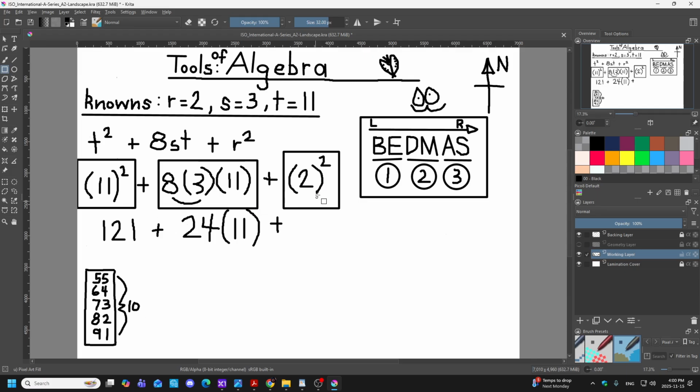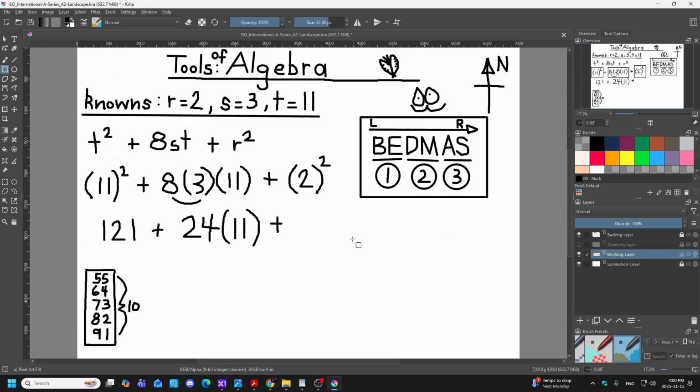We could solve these three independently of each other because of the addition signs. Sorry guys and gals, I really have to pay attention when I'm speaking. Correction. Okay? Addition, subtraction is the very last thing we're doing.